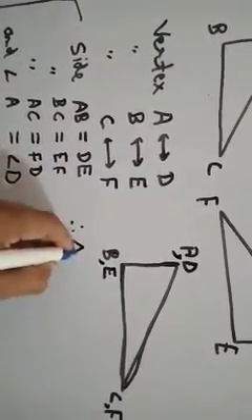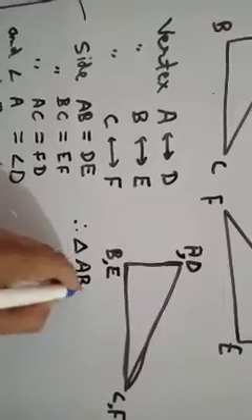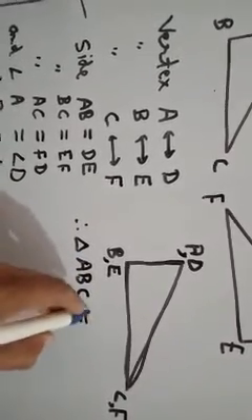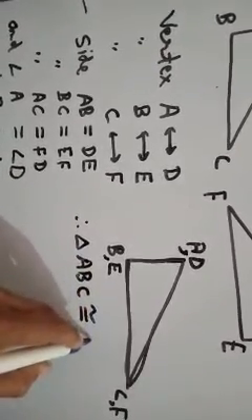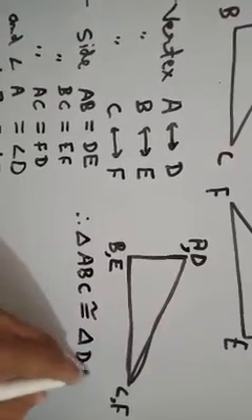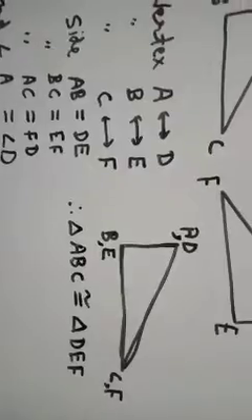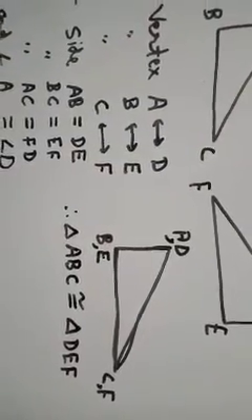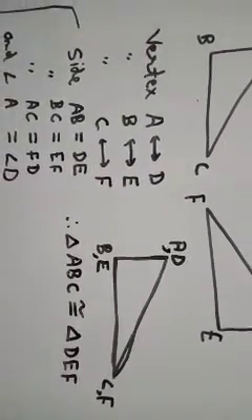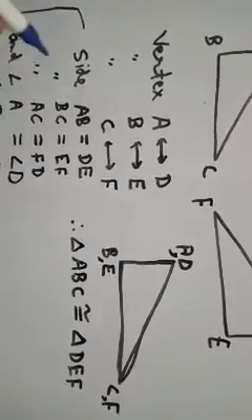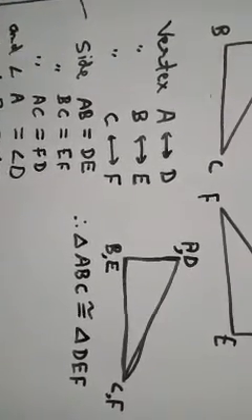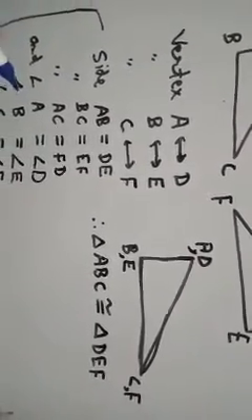Therefore triangle ABC is congruent to triangle DEF. This is the symbol of congruency. Two triangles are congruent if their corresponding sides and corresponding angles are equal.